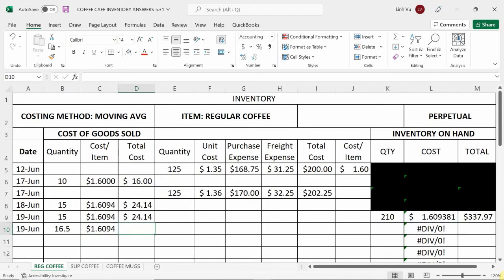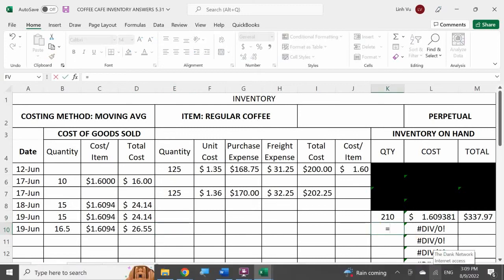So what's my grand total cost of goods sold here? $26.55. Good. You rounded up. Okay. So I no longer have 210 pounds left after using 16 and a half. How much should I have left?